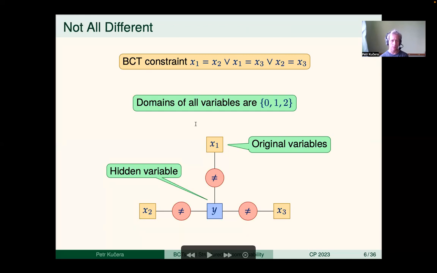So this is a negation of an all-different constraint on these three variables. Because if, for example, x1 takes value 0, x2 takes value 1, and x3 takes value 2, so all these would have different values, then we don't have any value to spare to be assigned to variable y.